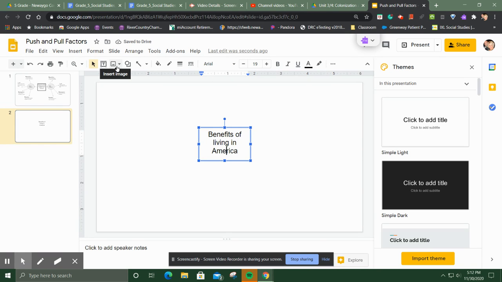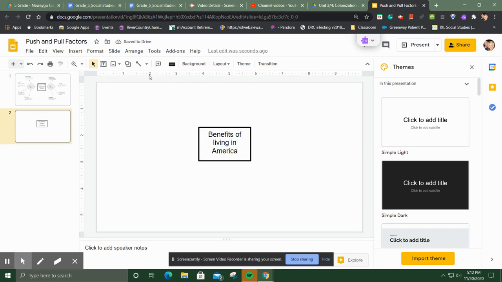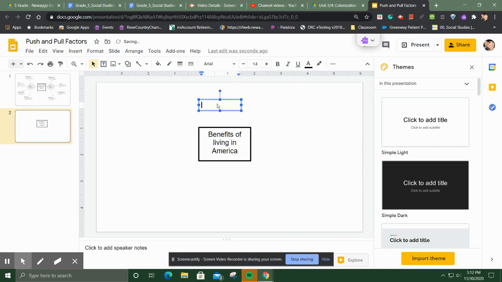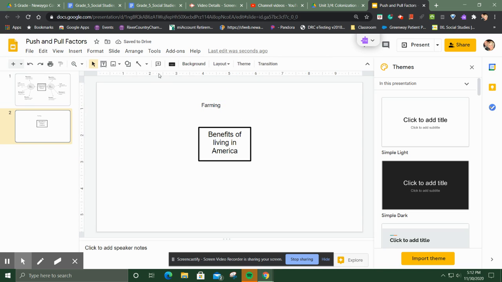And we're just going to put thoughts around it. Okay, the reason why people wanted to move to America. So up at the top, the first one is for farming. We're going to connect that.